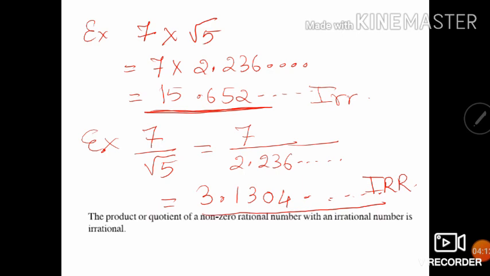So we can conclude that the product or quotient of a rational number with an irrational number is always irrational.